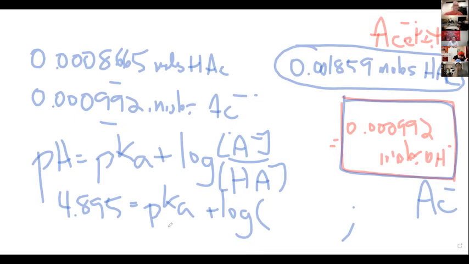So the log of 0.8735. So if someone can get the log 10 of 0.8735, it'll be pretty close to 0. It'll be a really small number.